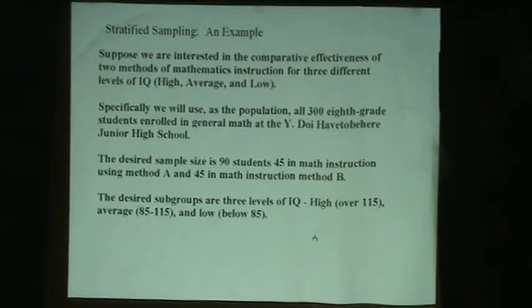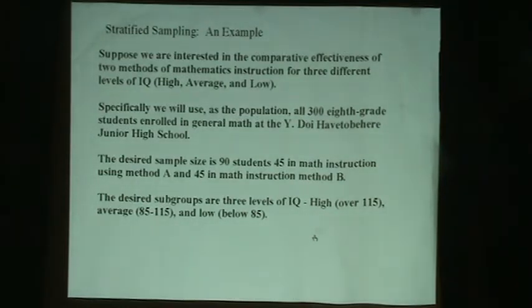Now suppose we're interested in the comparative effectiveness of two methods of mathematics instruction, let's say method A and method B, for three different levels of IQ: high, average, and low. Specifically, we'll use as the population all 300 8th grade students enrolled in the general math at Why Do I Have to Be Here Junior High School.